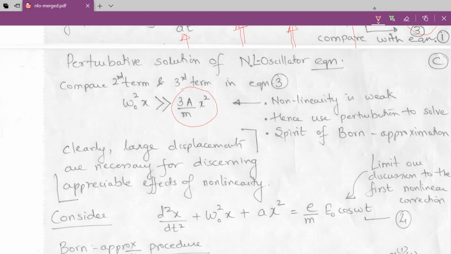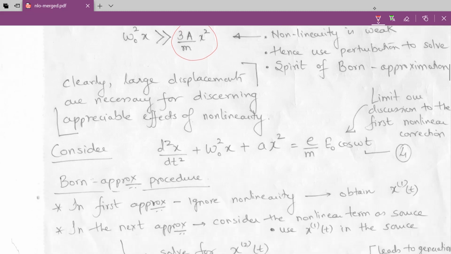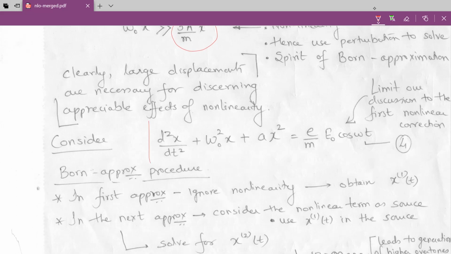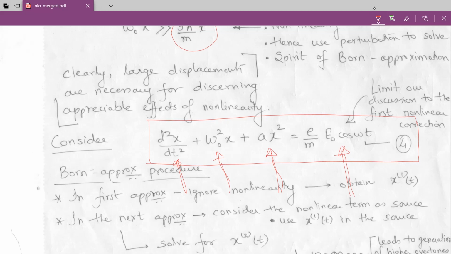So now, of course, we are going to look at this solution in the spirit of the Born approximation. So what I will do is limit my nonlinearity to the very first term. So I consider this as my equation number 4. So I have the acceleration term, I have the restoring force, I have the first nonlinear term, and I have the drive coming from the electromagnetic wave.